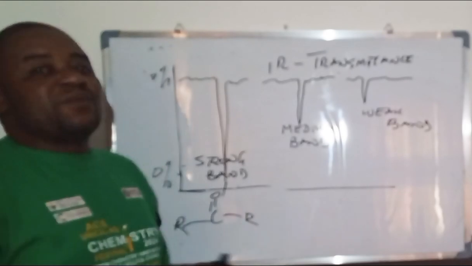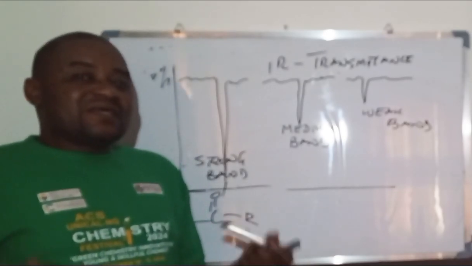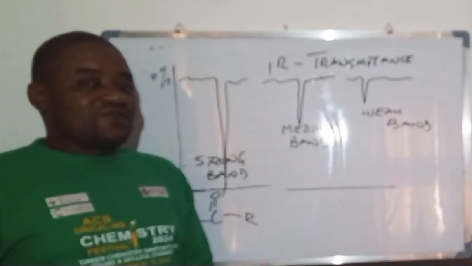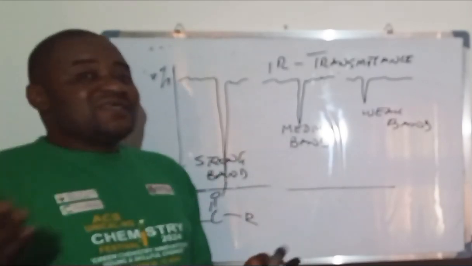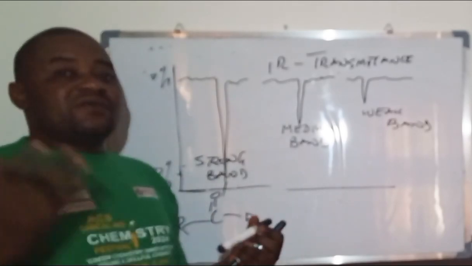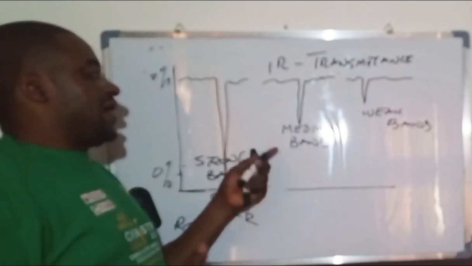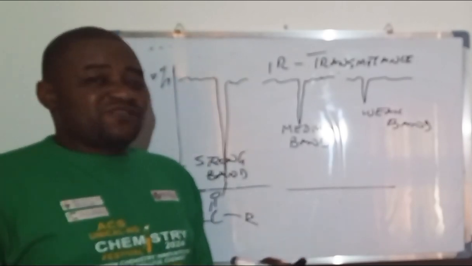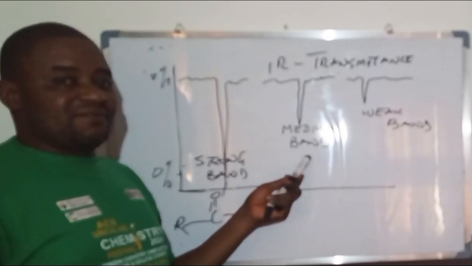And then you also have compounds that have medium polar bonds. This kind of compound, for example, a carbon-nitrogen triple bond. Molecules with carbon-nitrogen triple bonds, for example, will always produce medium bands. And it's not just them. All molecules with carbon-nitrogen triple bonds, or those that are asymmetric in nature, will always produce medium bands or peaks.